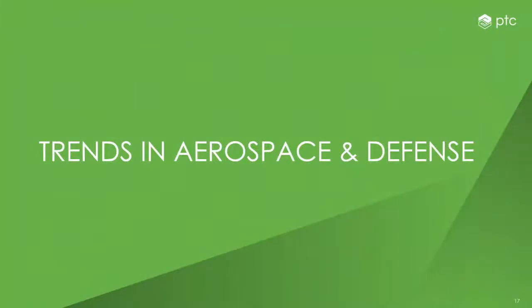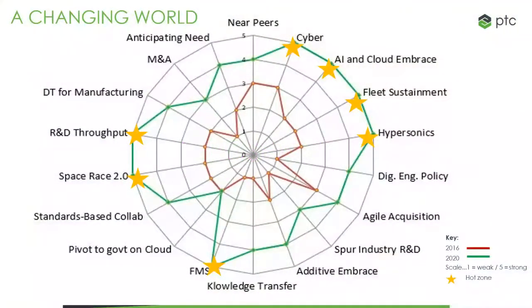Now let's move towards aerospace and defense. Most of you would be aware of this chart. We call it a radar chart. It's a 360-degree view to see where the hot zones are in aerospace and defense.